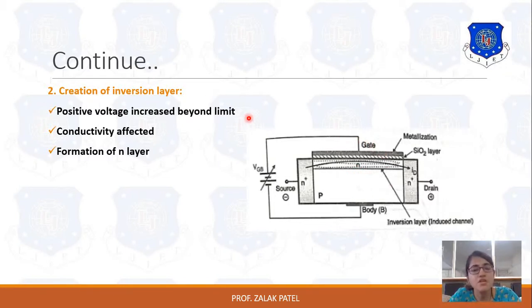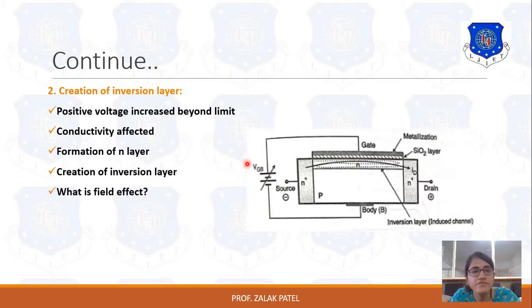The number of electrons increases when positive voltage beyond such limit is applied, and because of that an n layer is created because of the greater number of electrons. The formation of this n layer is called creation of the inversion layer, and the process of creating the inversion layer with some externally applied voltage is called field effect.